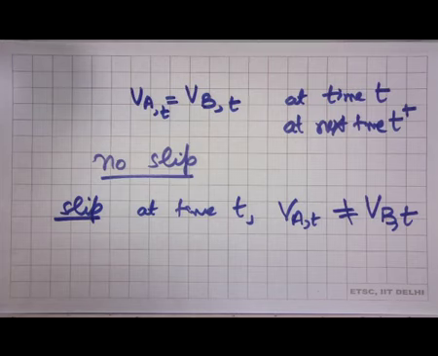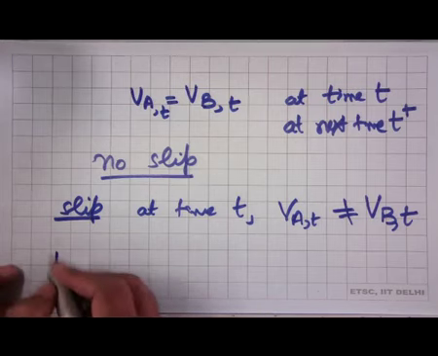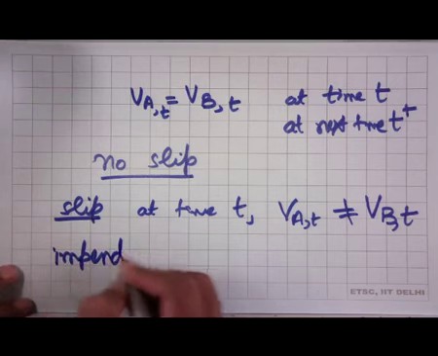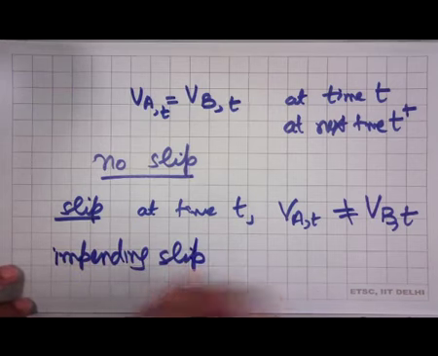But in between these two, we have a third condition, which is what we call impending slip.